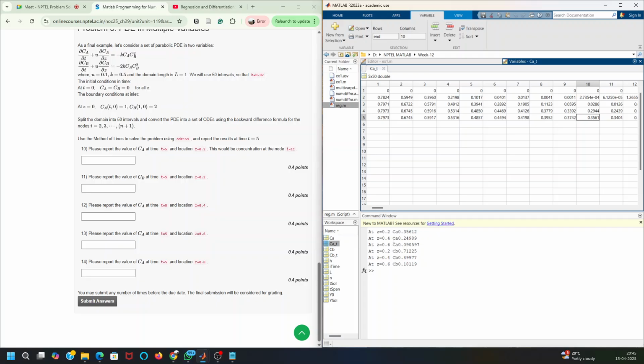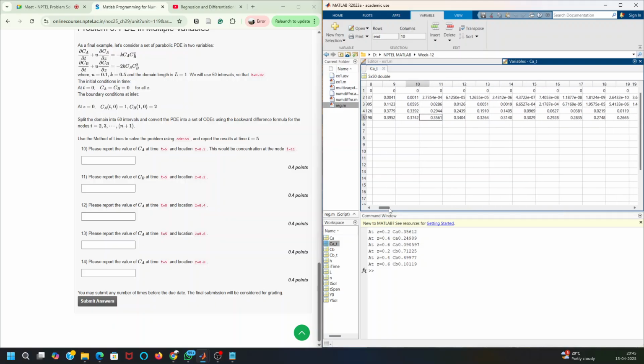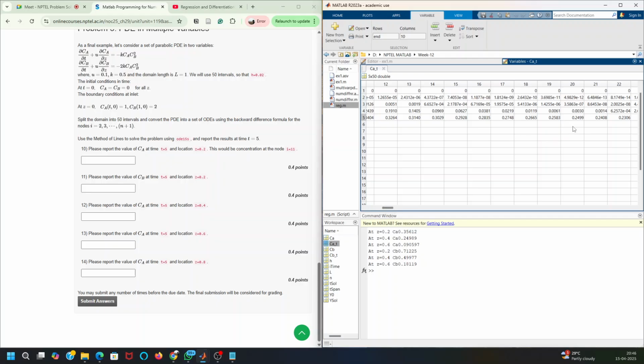Similarly, I can also do it for this thing, which is my 20th cell, which is the 21st node. This is my concentration, CA is 0.2499. It has adjusted a bit.